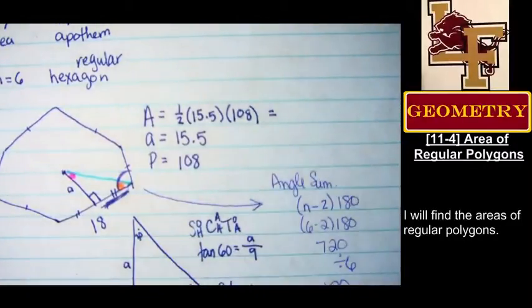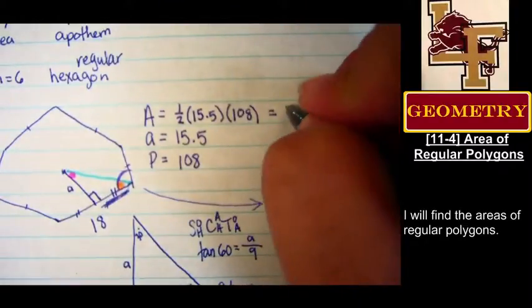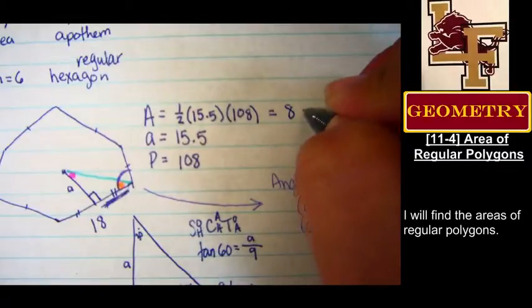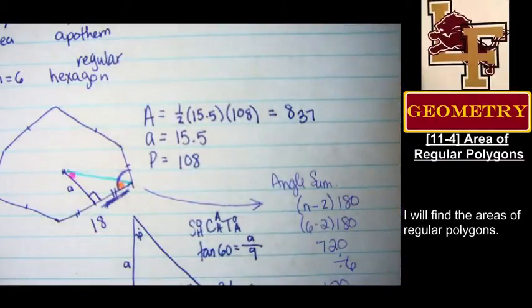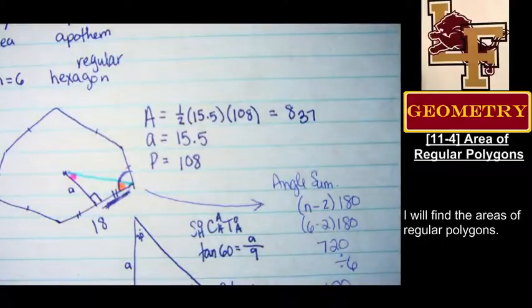May I please have that right now? 827.37. Any decimals? No. Done. That's the area of that hexagon.